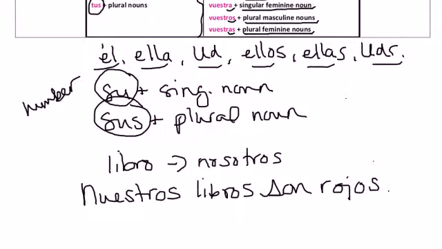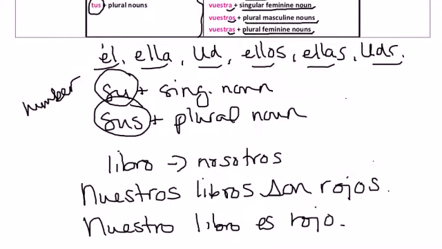Okay? If I also want to talk about the fact that maybe all of us own one book, I can say nuestro libro es rojo, because a group can own one item.